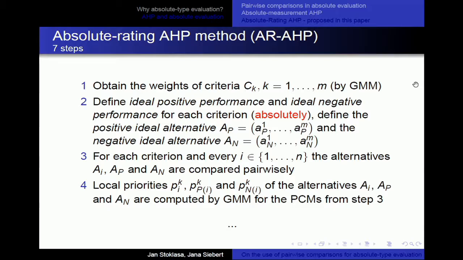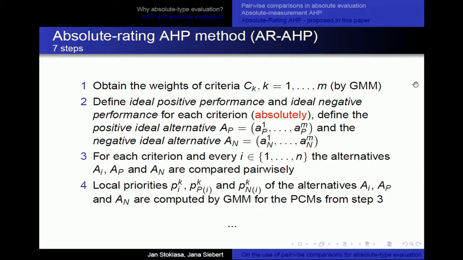They are absolute ideals. Okay, the next step would be to take the evaluation of the alternative with respect to the given criterion and compare it pairwise, but not with the other alternatives, because this would constitute a relative element in the method. Compare it with the positive and negative ideal. We still have repeated measurement. We still are comparing only two objects. It is still meaningful if the ideals are defined in a reasonable way.